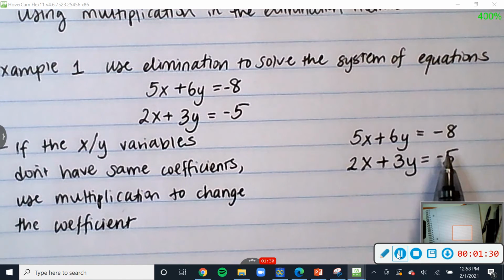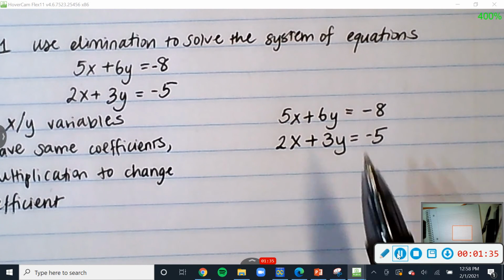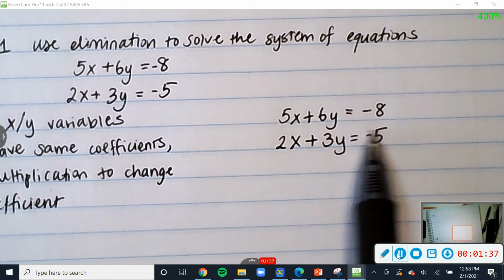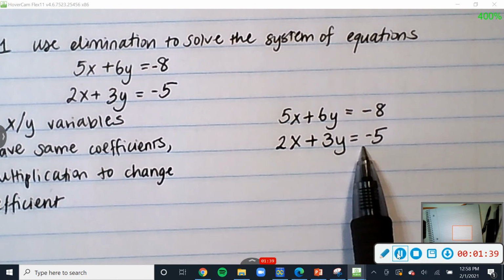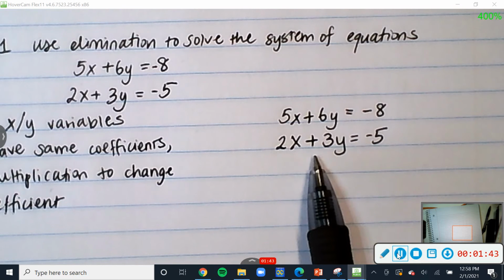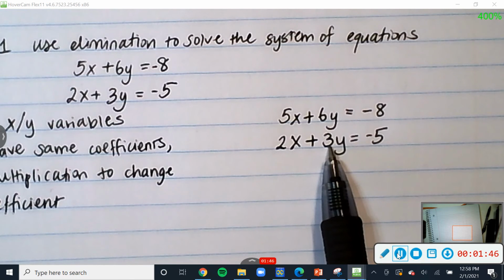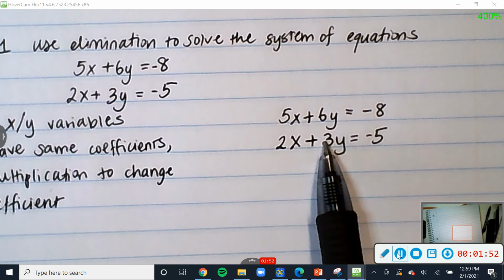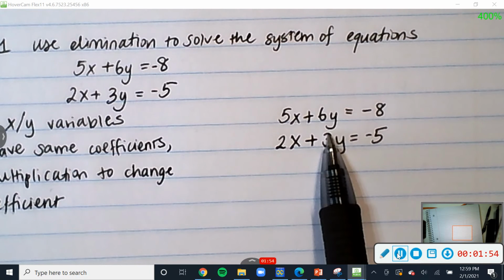Over here, I've rewritten the two equations, and if you look closely, there is something that we can change about the second equation in order for the coefficient to match the first equation. I know that if I multiply 3 times 2, that will leave me with 6y, and then the 6 and the 6 will be matching.